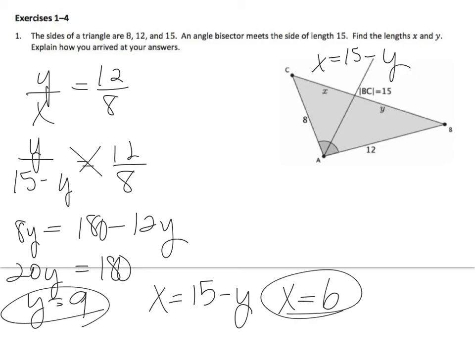Cool. And I know my answers because I know the angle bisector theorem makes proportional sides or similar triangles. So I just set up my very simple proportions and solved.